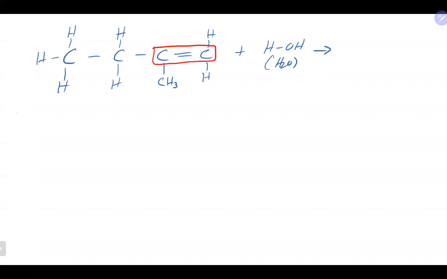So if I were to draw this, I would start at this end. I'm just going to draw it underneath since I ran out of room over there, and just copy it exactly the way it is. Once again, we're going to turn our double bond into a single bond to make room for what's coming in.